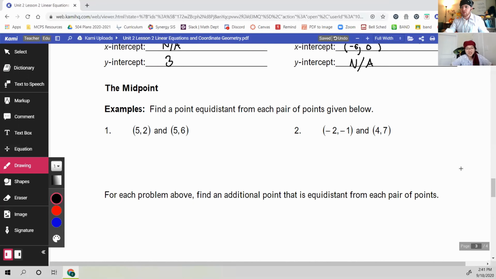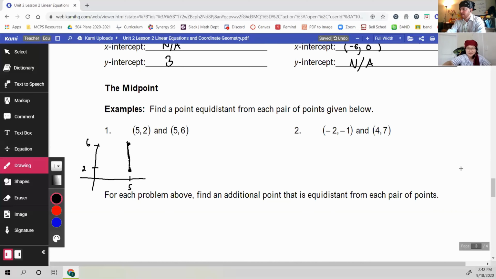We should probably look at the graph. That is not a good idea, not accurate. We need to go up. How can we find the midpoint of this?